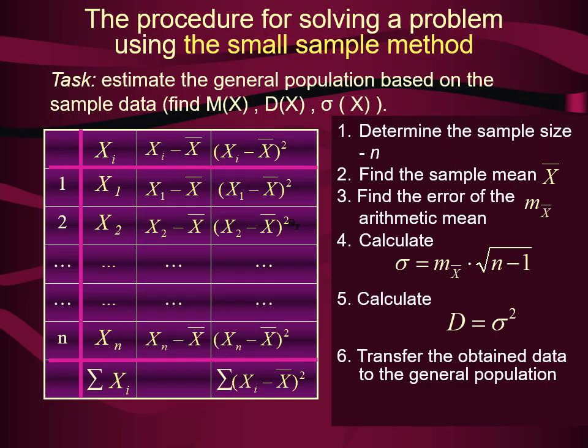Here is the sum icon, which means that the entire fourth column will need to be added. Here are the squares, and here is the deviation of each value from the average.